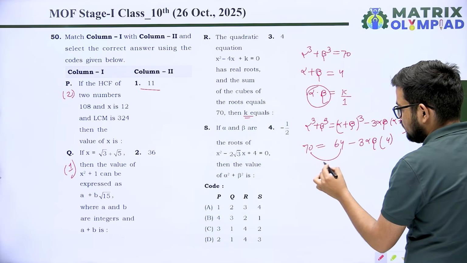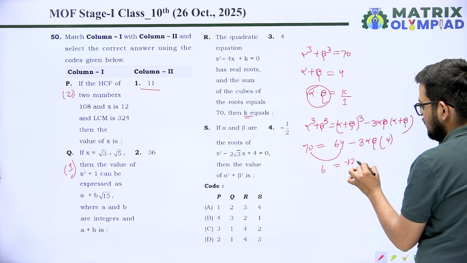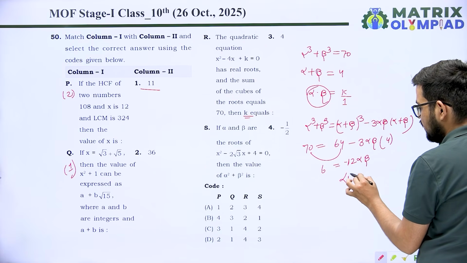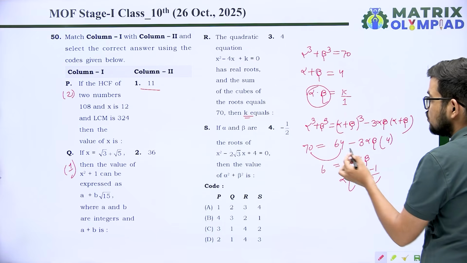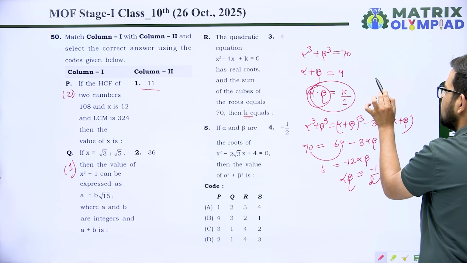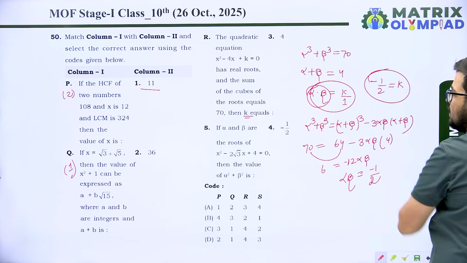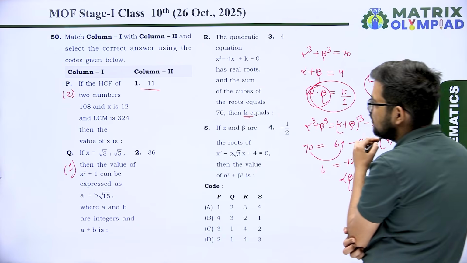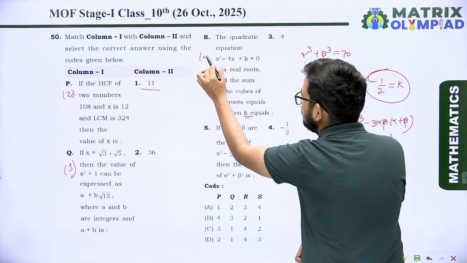So it is 6 equals minus 12 alpha beta. So alpha dot beta equals minus 1 upon 2. So minus 1 upon 2 equals k. It means the value of k is minus 1 upon 2. So R's correct answer is the fourth one.